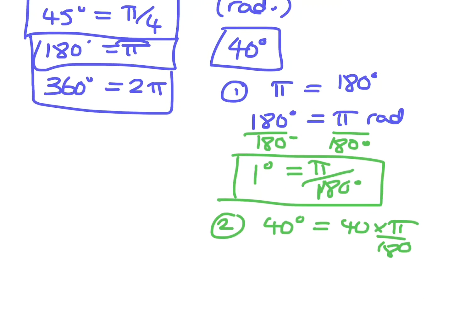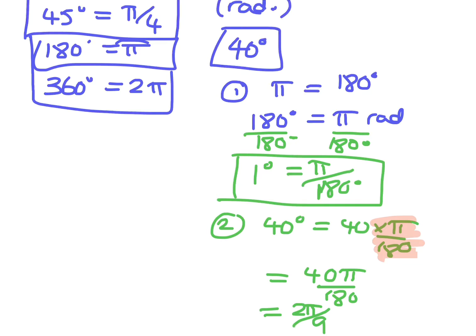So you basically make it 40 pi on 180, and then you can simplify it, which would be 2 pi on 9. So what actually happened here, when you think about it, to change 40 to radians, all we did was times by pi on 180.